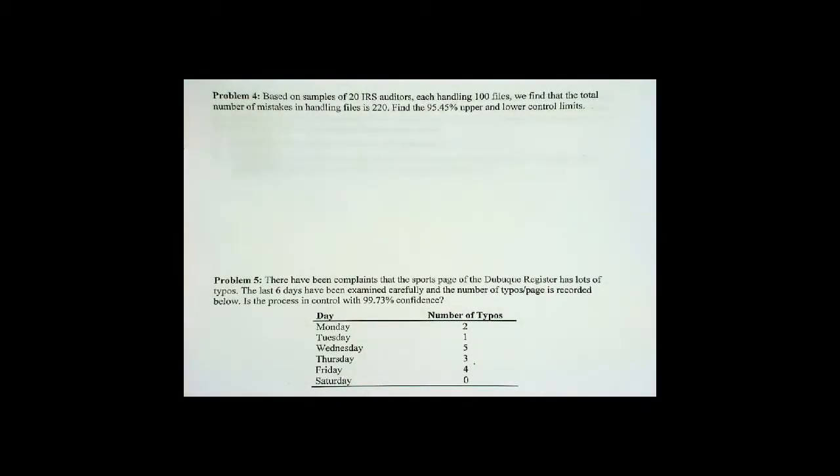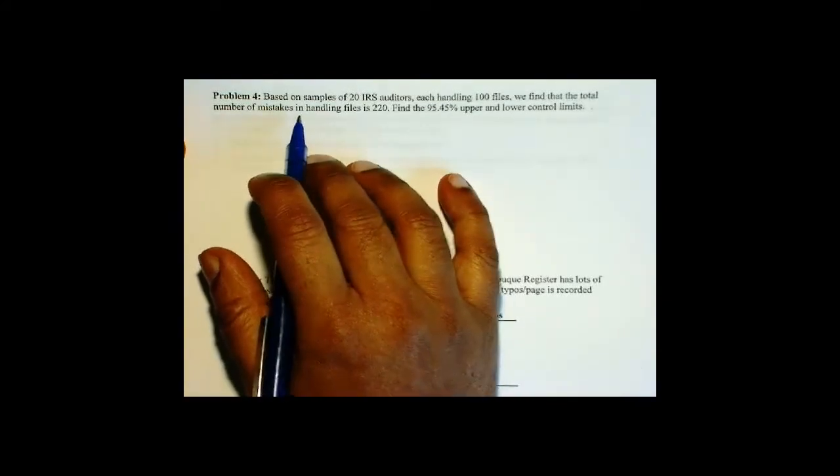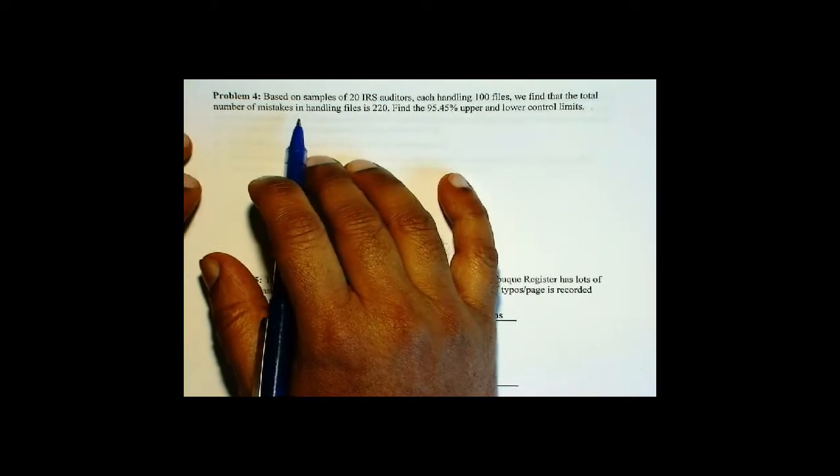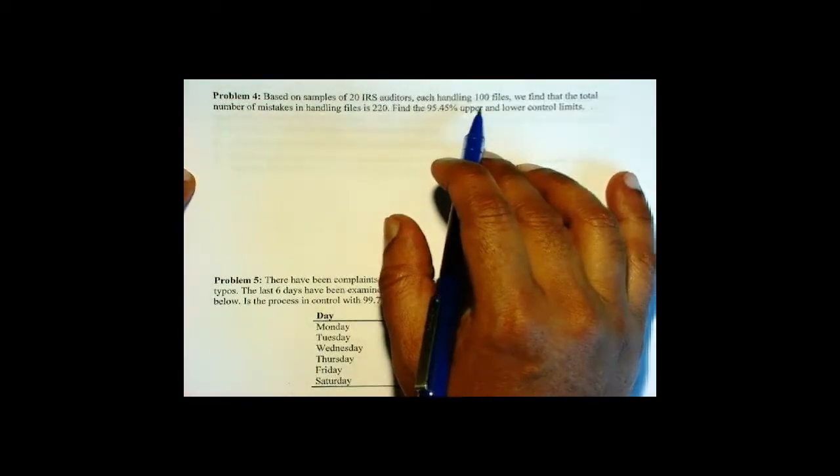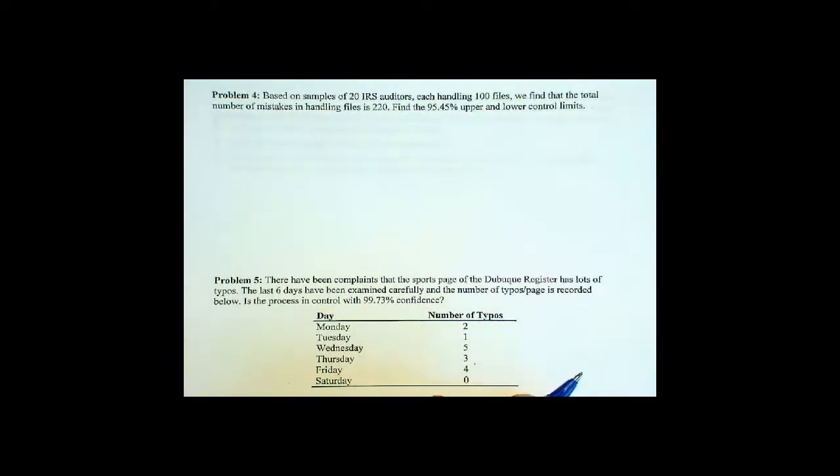One more P chart problem. Based on samples of 20 IRS auditors, each handling 100 files, we find that the total number of mistakes in handling files is 220. So here the summary information is given.